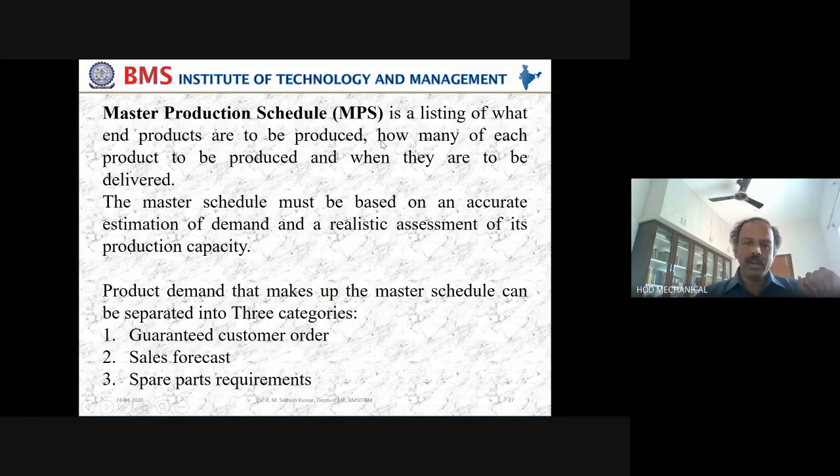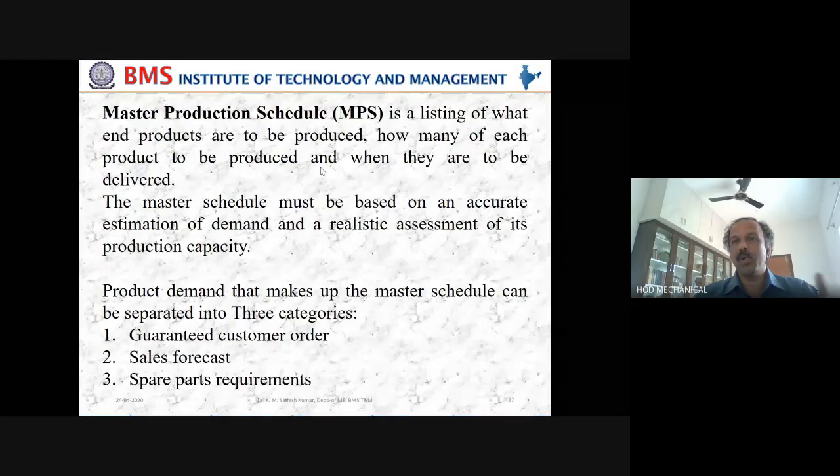Now remember, based on the inputs given by the master production schedule, you plan for procuring the raw material. First and foremost, you should know what type of product you are producing. Are you producing a steel product, or a fragile product, or a sheet metal product?